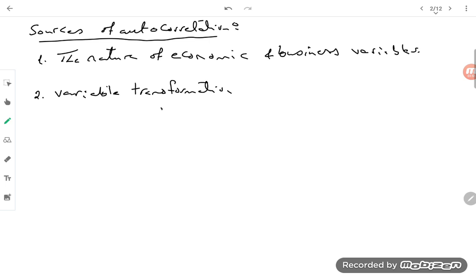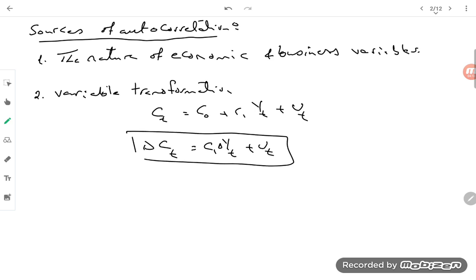So instead of using, say for example, c equals c node plus c1 yt plus ut, this is the consumption function, they are going to use the first difference form. Using equation number 2 may cause a problem of autocorrelation.